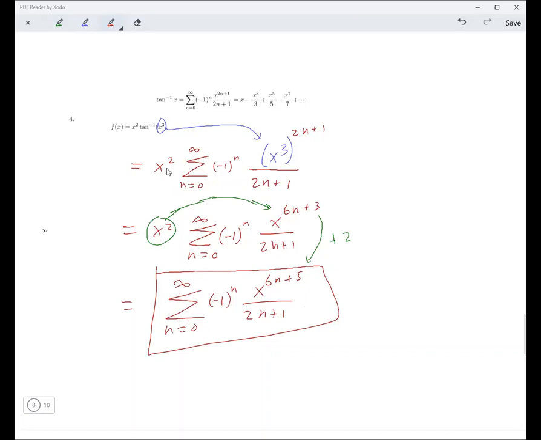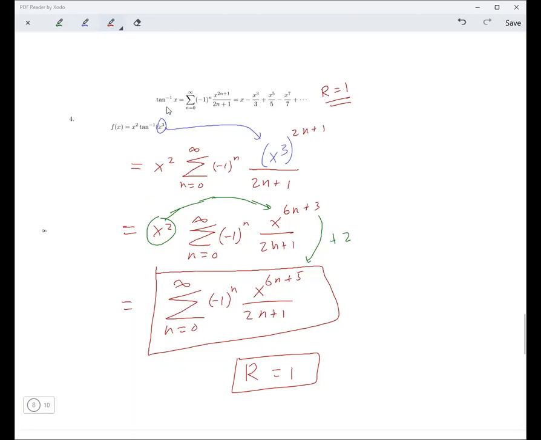And do you remember what I said the radius of convergence was for the inverse tangent? It was either 1 or infinity. I remember that. It's 1. Because this is the integral of something that's 1. So the radius of convergence is still going to be 1. Even if you replace x with an x cubed, still going to have radius 1.